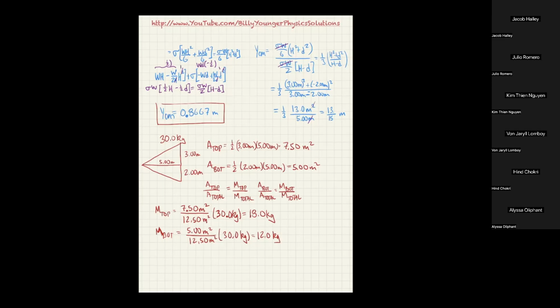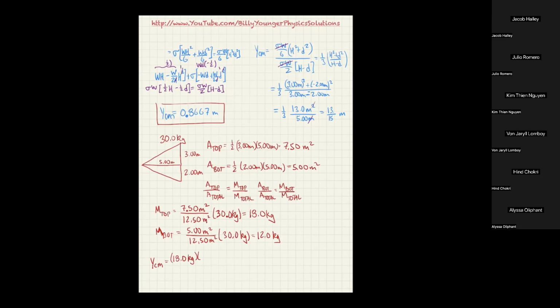Now the y center of mass is the one that I'm curious about. So for the y center of mass, I'll start by saying that the first mass is 18.0 kilograms. That's for the top. Now its y center of mass should be basically 2/3 of the way down. If I start at the top and go down, that's 3 meters to the bottom.